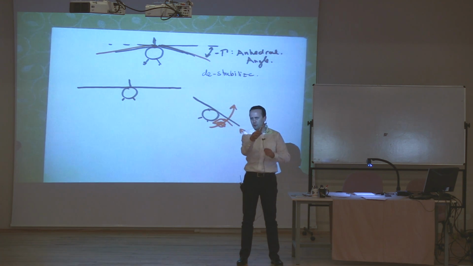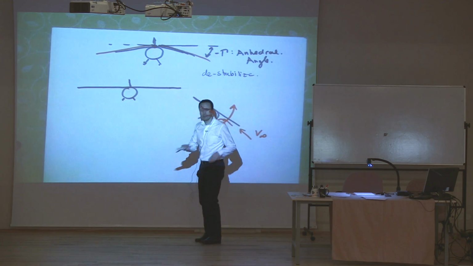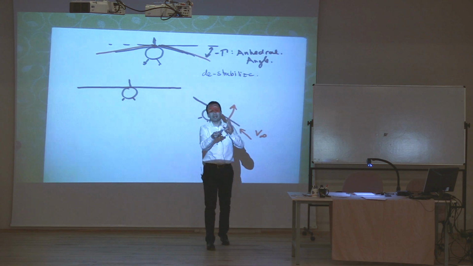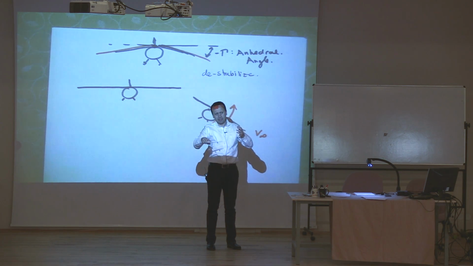If you have too much natural stability, you put a little bit of an anhedral. You make the moment a little bit less, so it will come back nicely like that.